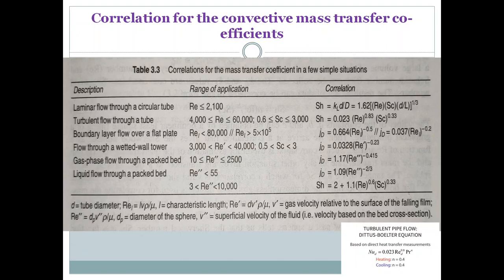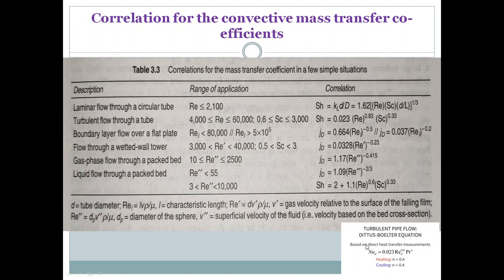People have seen that within these dimensionless numbers, the mass transfer coefficient can be calculated, and they did various experiments to develop this. Take heat transfer: Nusselt number equals 0.023 Re to the power 0.8, Pr to the power 0.4 for heating, 0.3 for cooling. Nusselt number hL by k lets you calculate the heat transfer coefficient.